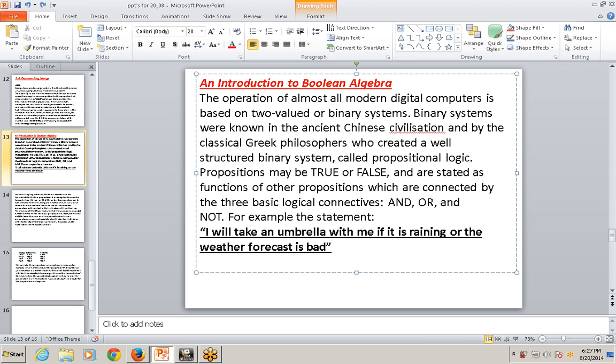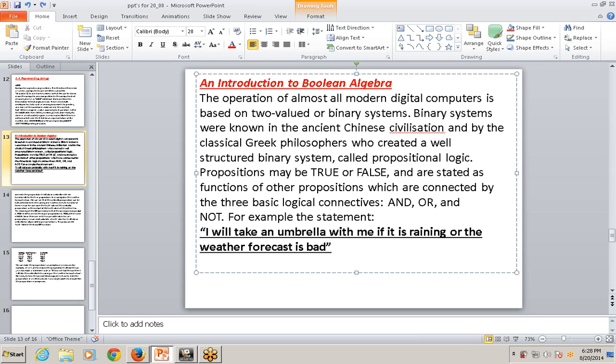I am repeating again, Boolean algebra is nothing but a decision-based algebra in which we have to take decisions based on the three logical connectives, that is your AND, OR, NOT. AND is used for multiplication. Suppose I want to multiply two numbers, that is done by the AND operation. And suppose I want to add two numbers, that is the sum of the two numbers, that is done by the OR.